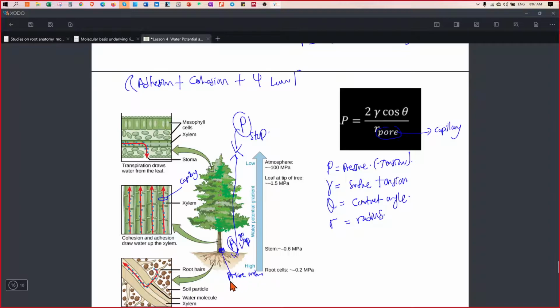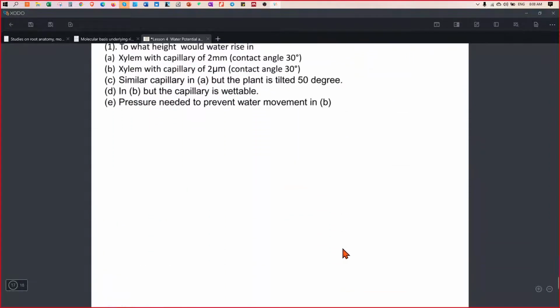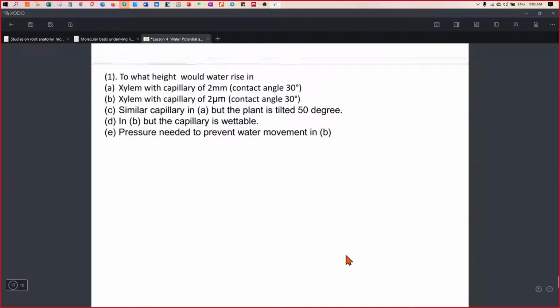This is not possible. However, it is possible to quantify the pressure that can be used to stop water movement, and this is the formula. Is that all? Yep, I think that's all.